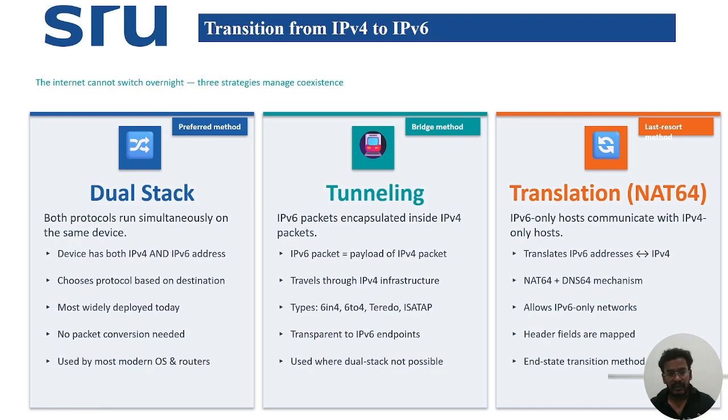It is transparent to IPv6 endpoints, used where dual stack is not possible. So wherever the dual stack method is not possible, then we can use this bridge or tunneling method.